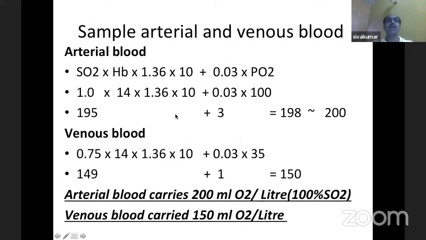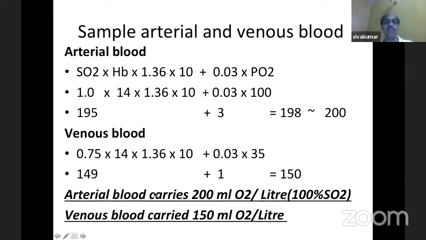Now let us take an example, a sample of arterial blood and a sample of venous blood. For arterial blood: saturation into hemoglobin into 1.36 into 10, so 1 into 14 into 1.36 into 10. This is approximately 198, or roughly around 200.